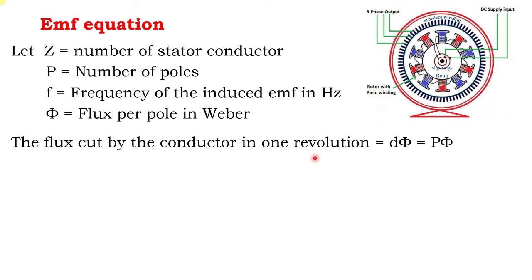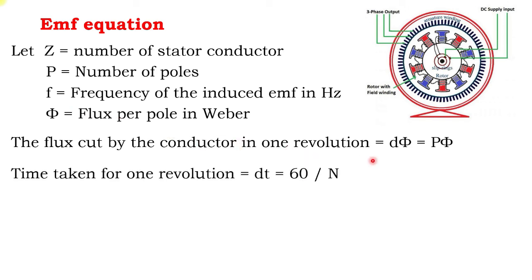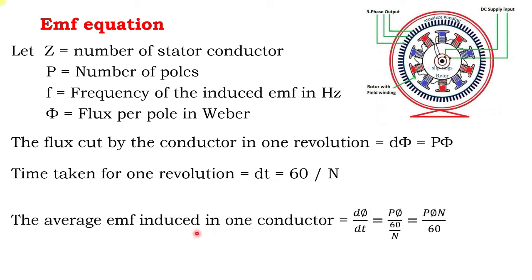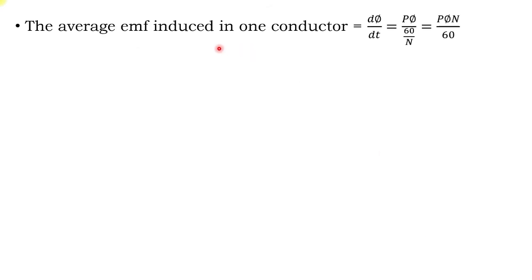Therefore, in one revolution the change of flux is P into φ. Then the time taken for one revolution, the change of time, is indicated as dt, which is equal to 60 divided by N. Then the average EMF induced in one conductor is the change of flux divided by time, according to Faraday's law, which is equal to Pφ divided by 60 by N. After simplifying, we get PφN divided by 60. Now the average induced EMF in one conductor, dφ by dt, is equal to PφN divided by 60.